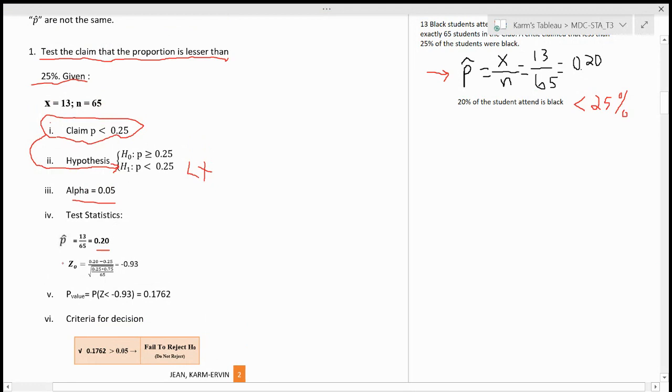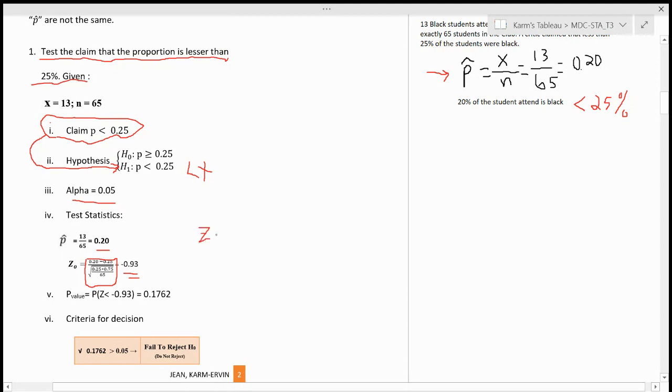Then I use the formula that I have from the second week of class, on Blackboard. When I look at the notes, there was a formula given for whenever we use proportion, and this is the formula that we're using right here. Once I use it, it gave me negative 0.93.